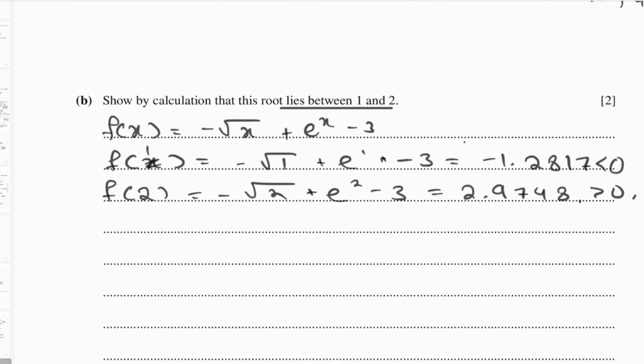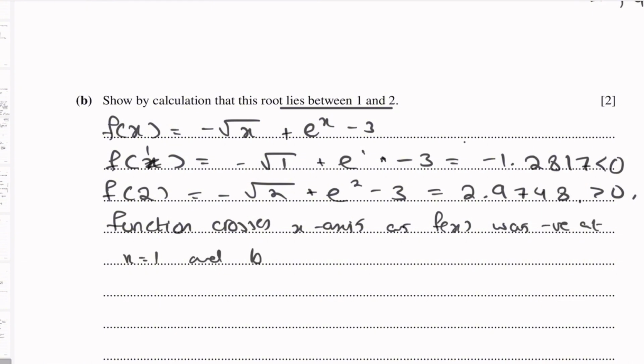And so since the curve is going to go from negative to positive, that means that the function crosses the x-axis, as f of x was negative at x equals 1 and became positive at x equals 2.